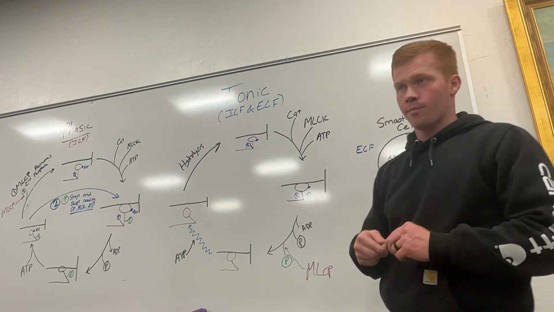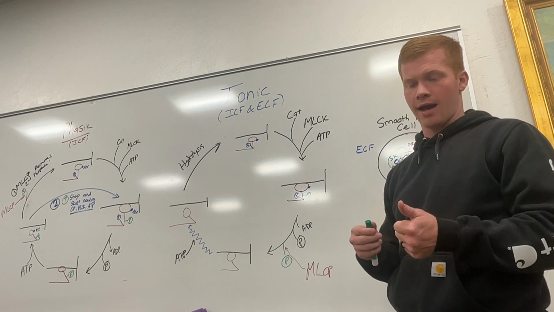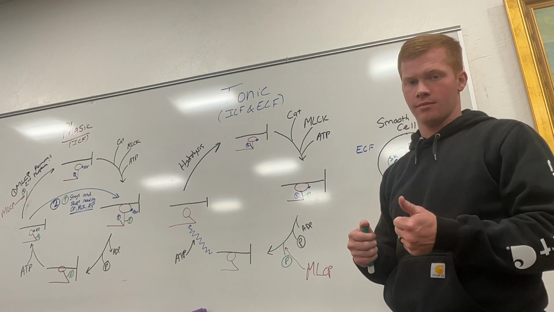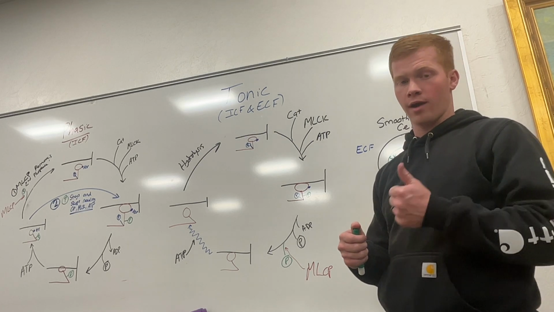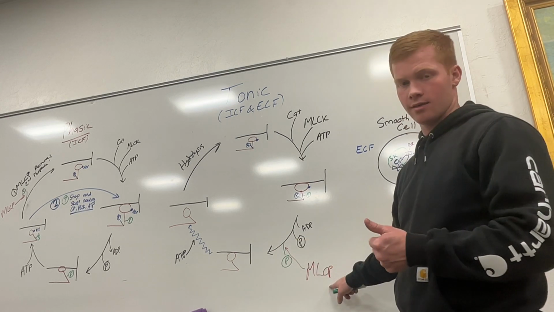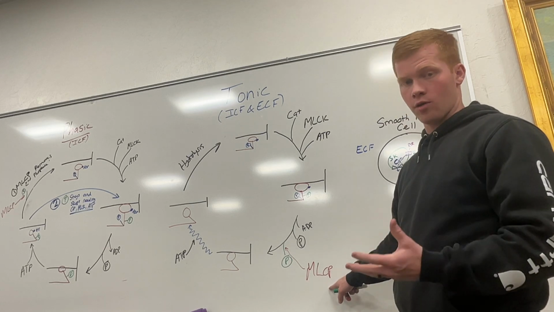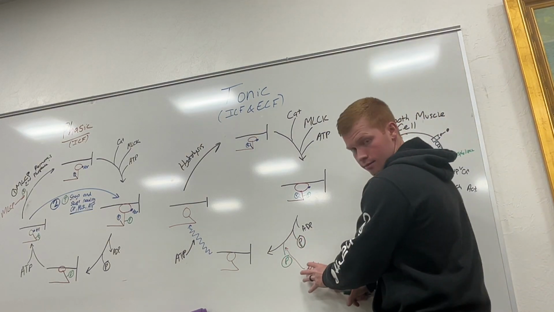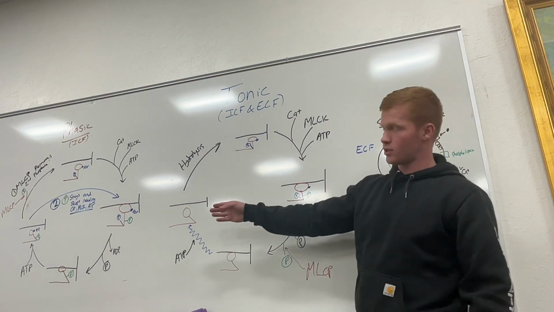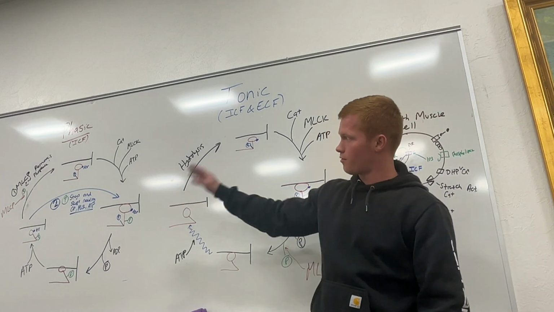And if you remember, rho kinase is inhibited by calcium, but rho kinase's job is to inhibit MLCP. So if there's not a lot of calcium, there's a lot of rho kinase to go around and inhibit MLCP, which gives us less MLCP, which lets us do phasic.